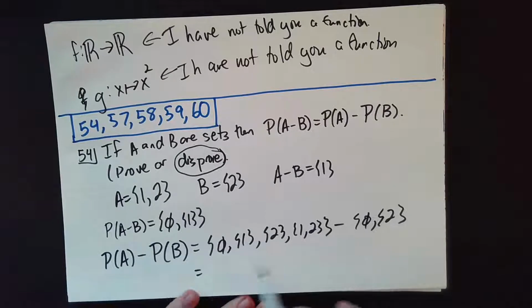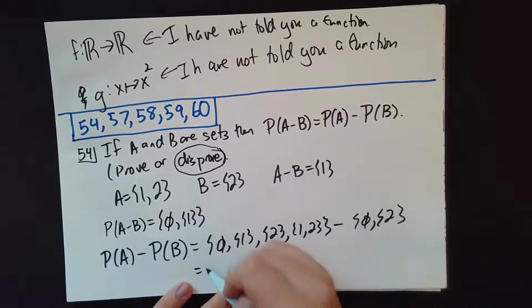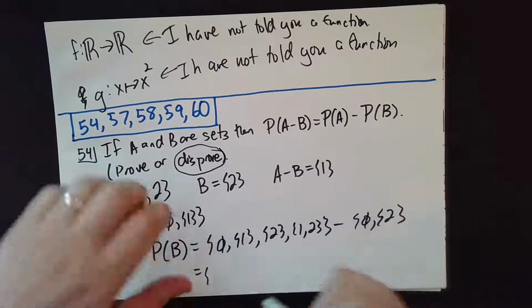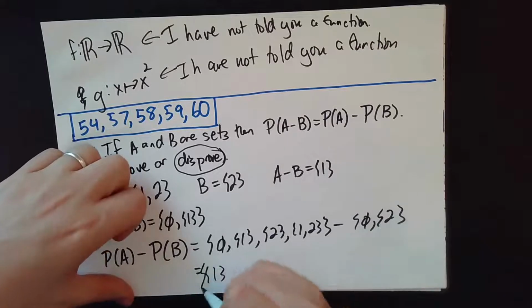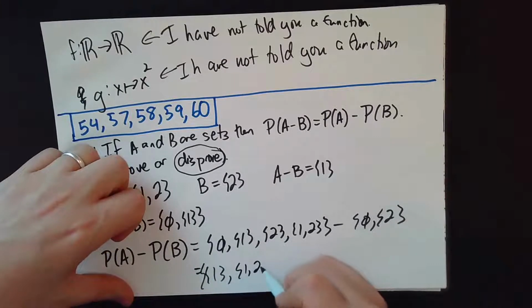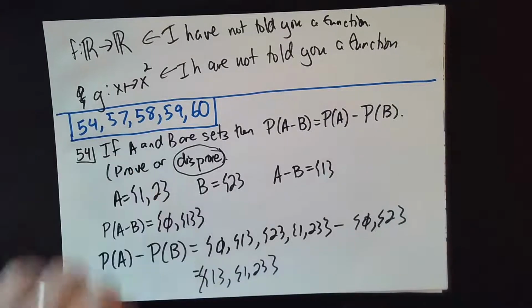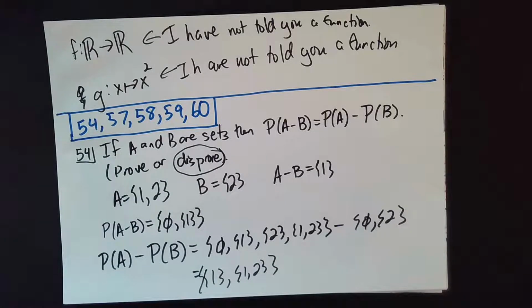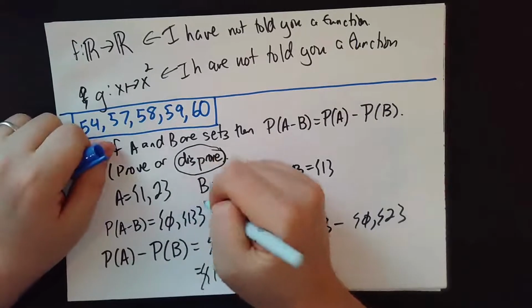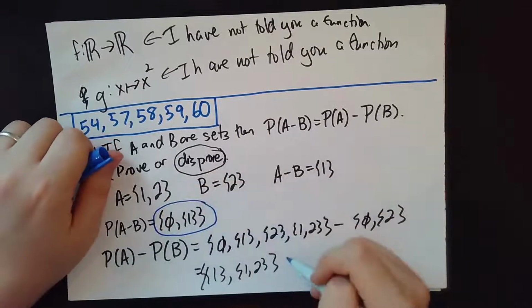And so what is this difference? This difference is the set {1} and the set {1, 2}. And this is a counterexample because these two things are not the same.